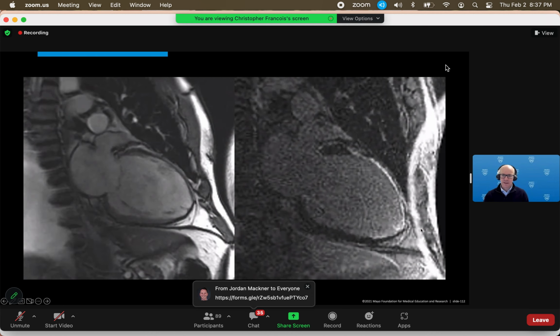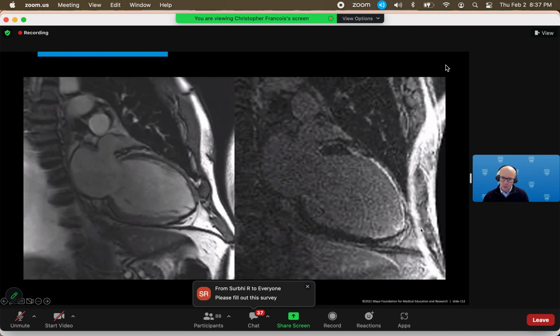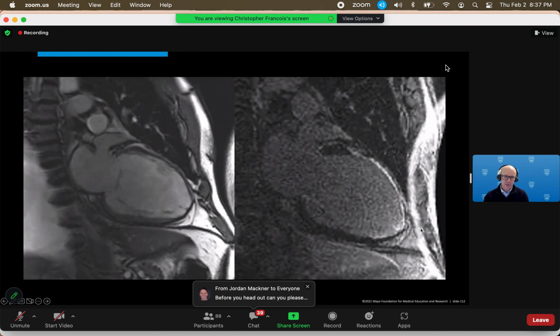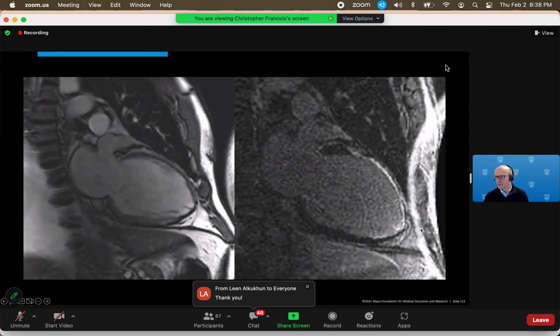For the MR conditional devices, you can scan them at 1.5 Tesla in a low SAR mode. For the non-conditional devices, more and more places are starting to scan those patients, but it's off-label use of MR in those situations.